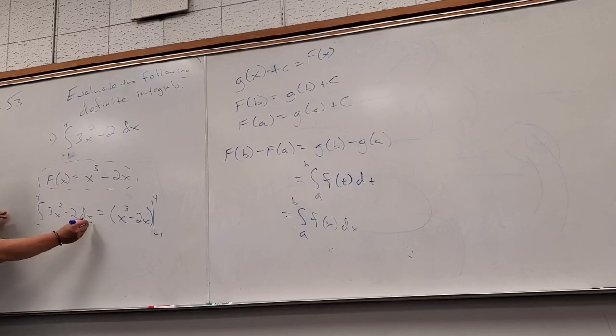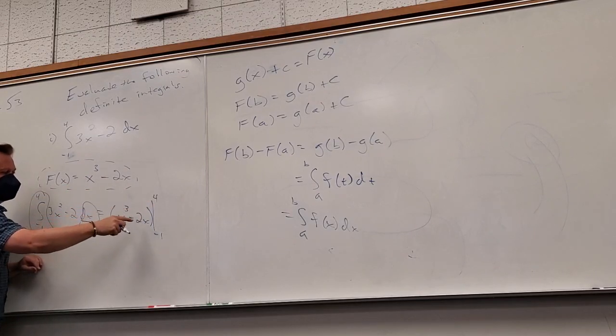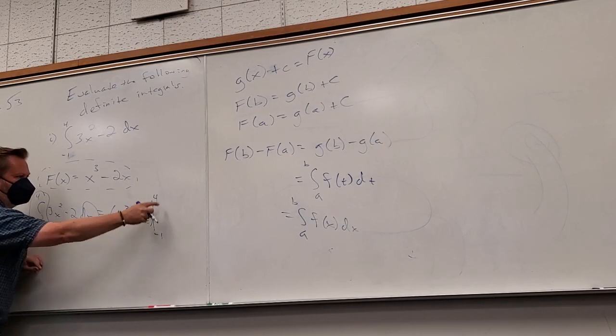So why is this symbol not here? Because this is one symbol, that's why. This with this is one symbol. So if you write this and you don't have this, you're wrong. Yes? So the bar with the 4 and 1, it just reminds me of the limits. So the way I read this is evaluate this from negative 1 to 4.